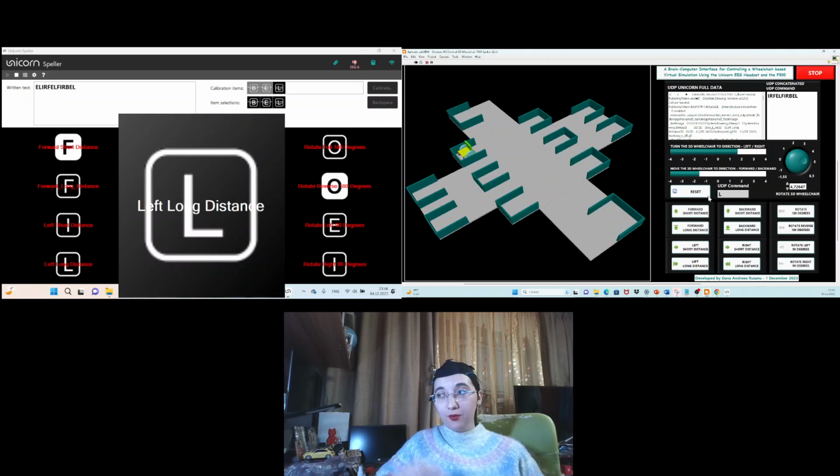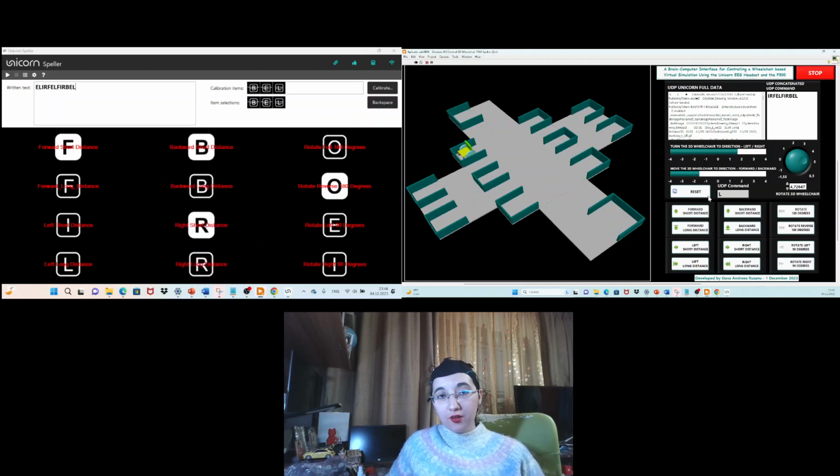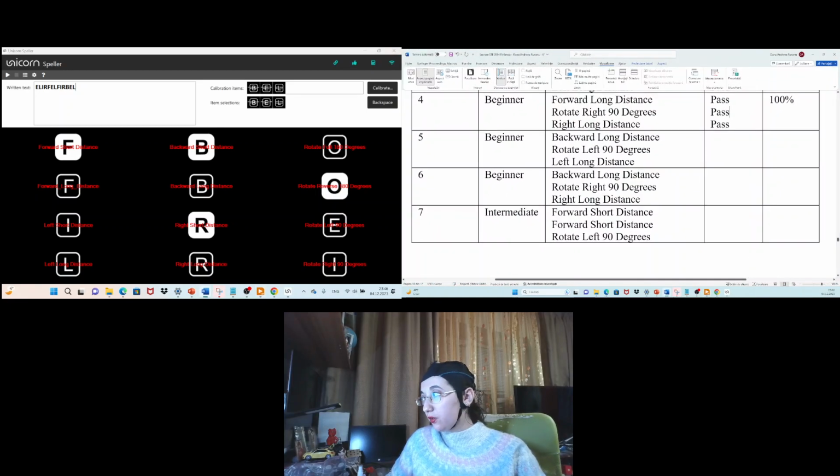That's great. We can see that the wheelchair reached the 5th position, the 5th location. So here everything was passed with 100% accuracy.